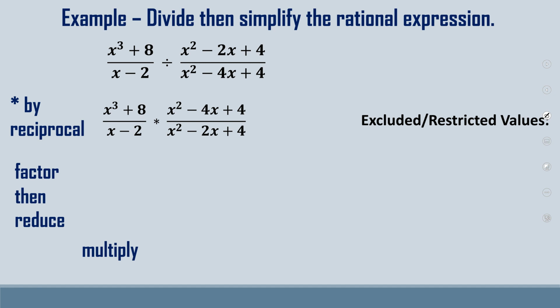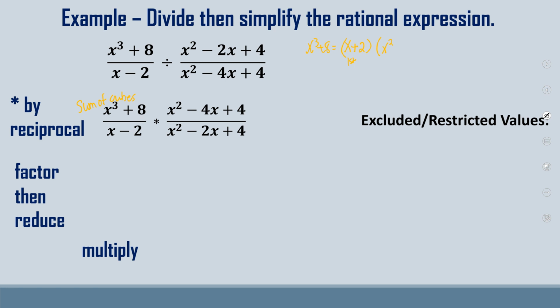So the first expression, x cubed plus 8, that is one of the cube functions. That is the sum of cubes, and that guy has its own pattern. So for the sum of cubes, x cubed plus 8, you take the cube root of the first term, same sign, and the cube root of the second term. Then to get the next set of factors, I'm going to square the first term, which is x.